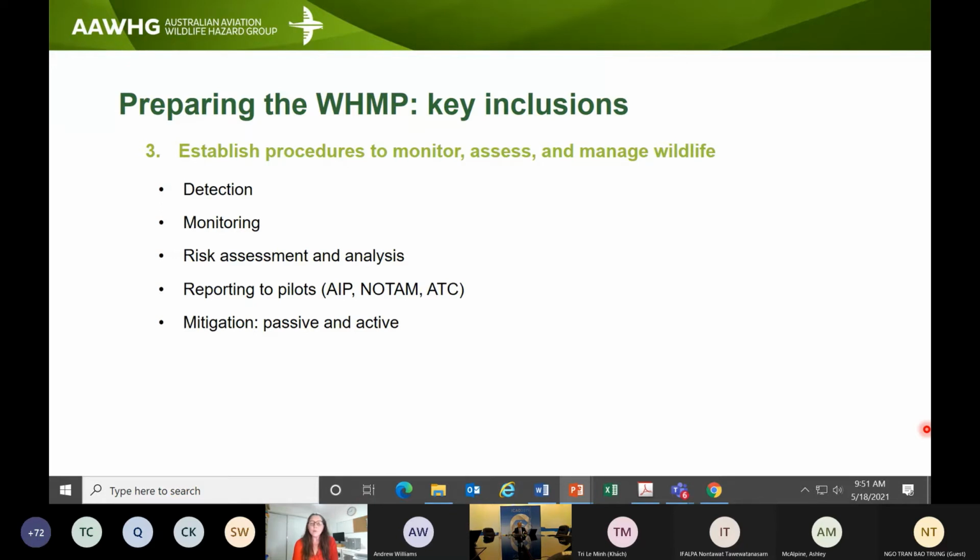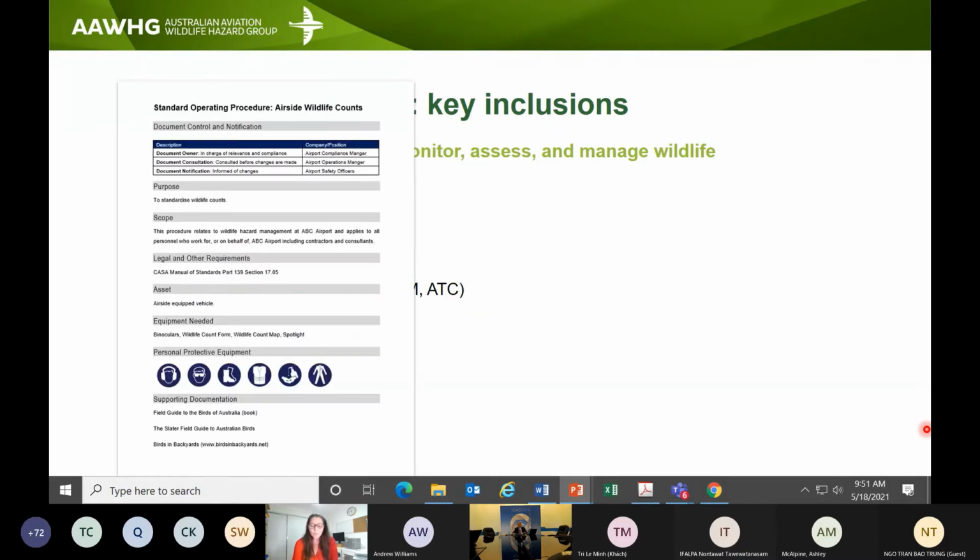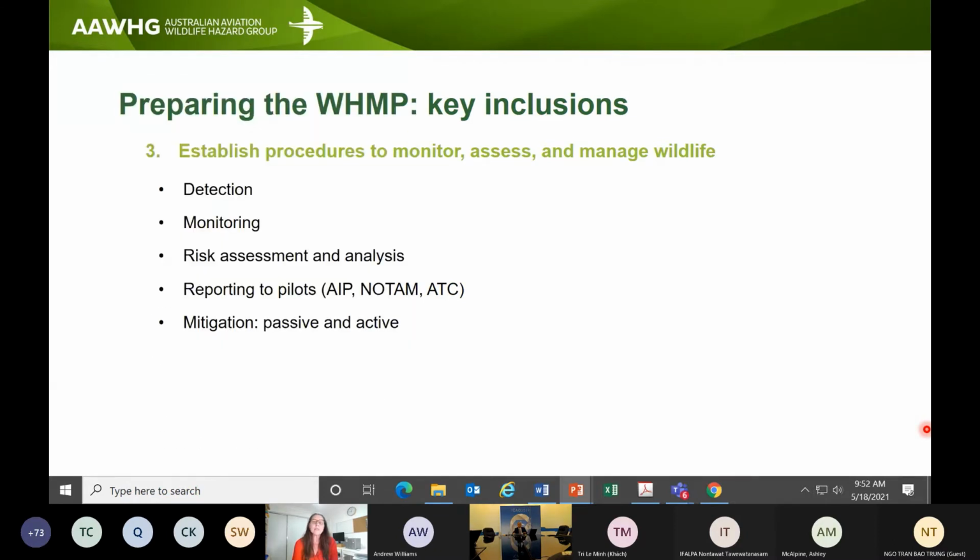And the plan also should include procedures for mitigating those risks. So that generally includes a range of active measures such as dispersal and harassment, lethal control, egg and nest removal, and a range of passive measures relating to habitat management such as water management or waste management.